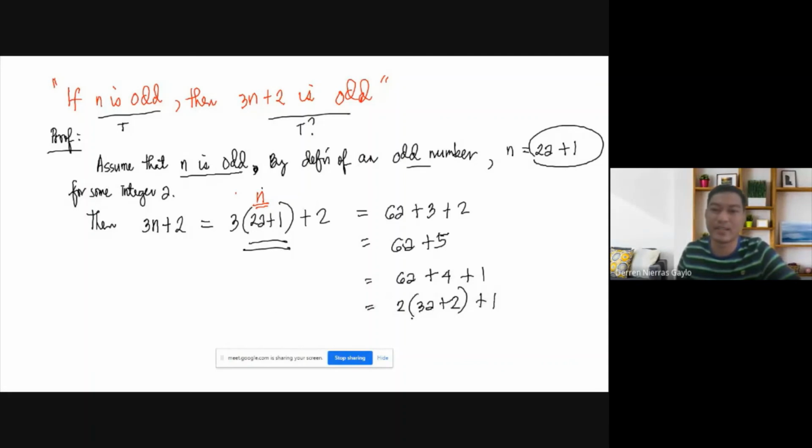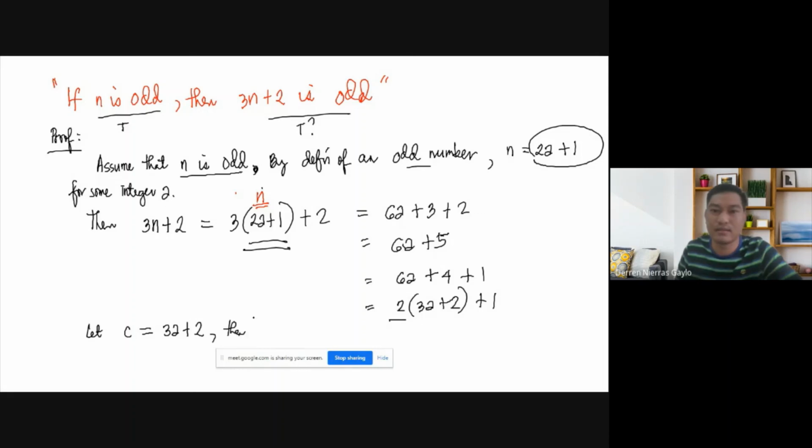Correct? Since it now has the format 2 times something plus 1, let C be equal to 3a plus 2.